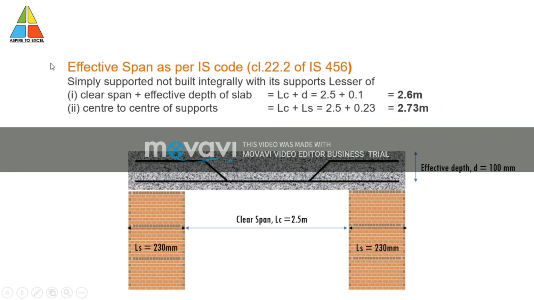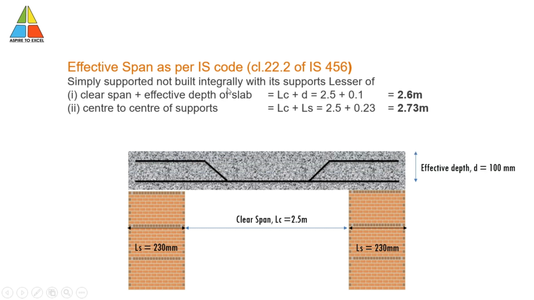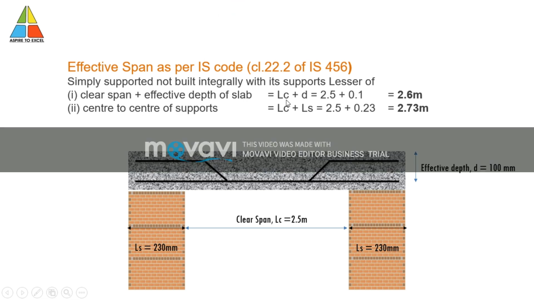The effective span as per codal provision 22.2, if simply supported, not built integrally, would be clear span plus effective depth, right? The clear span is already given as 2.5, and effective depth we have assumed as 0.1 meter, so it is 2.6.